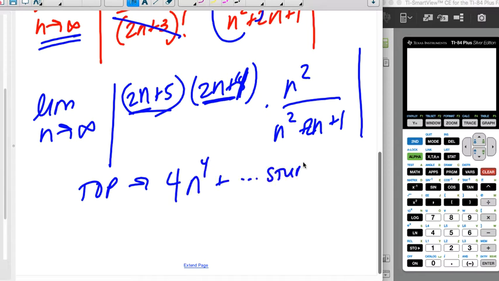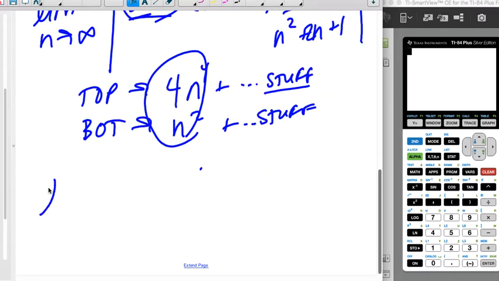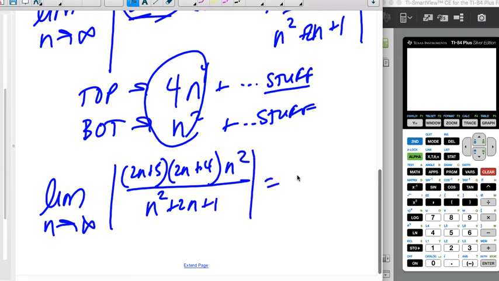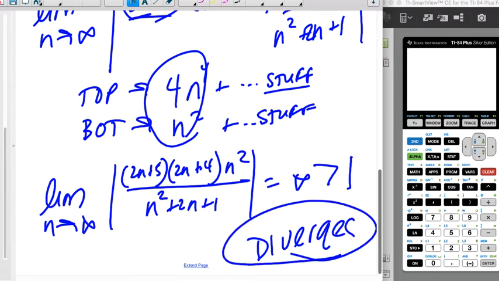I don't really care about the stuff because we really care about leading coefficients. And the bottom is going to be n squared plus a bunch of stuff. What that means is that this thing is getting infinitely large. This limit, the limit as n approaches infinity of this ugly monstrosity, 2n plus 5 times 2n plus 4 times n squared over this thing, is infinitely large, which is very much greater than 1, so this thing diverges. And that's our first one that's diverged. They do diverge, we just haven't had a bunch of them.